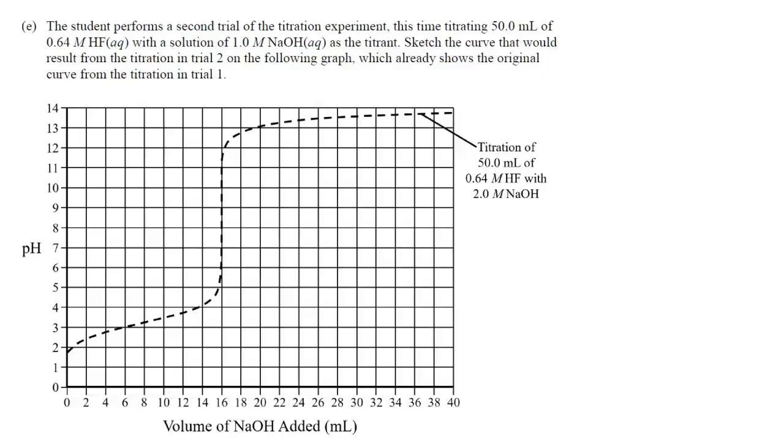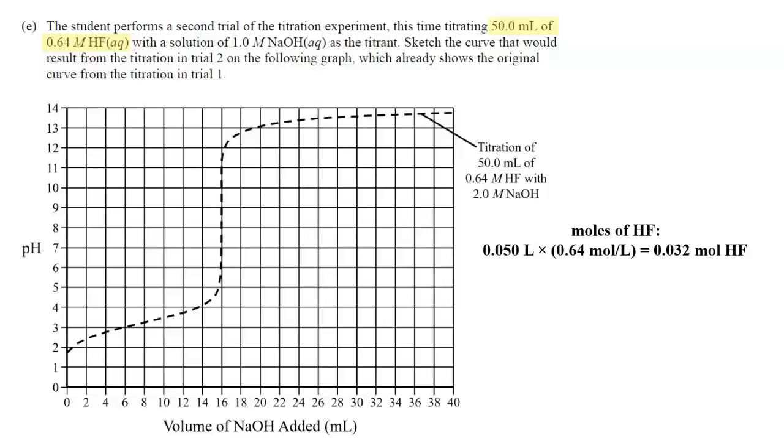So in trial 1 as well as in trial 2, it's 50 milliliters or 0.050 liters of hydrofluoric acid, and the concentration is 0.64 moles per liter. So if I do volume times molarity to get moles, that would be 0.050 liters times 0.64 moles per liter.